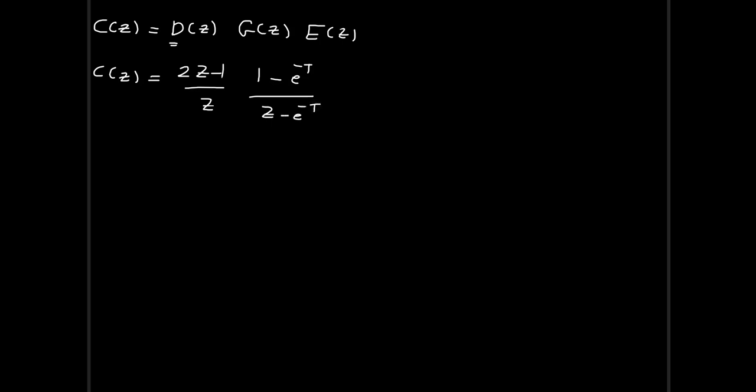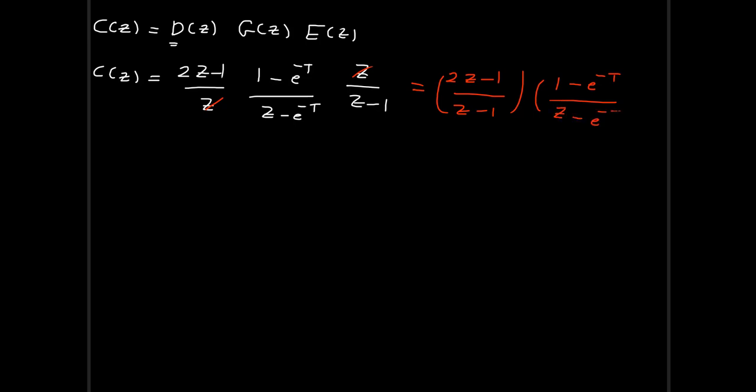And E of Z is the unit step sequence, so Z over (Z minus 1). And we will end up with (2Z minus 1) over (Z minus 1) multiplied by (1 minus e^-T) over (Z minus e^-T).